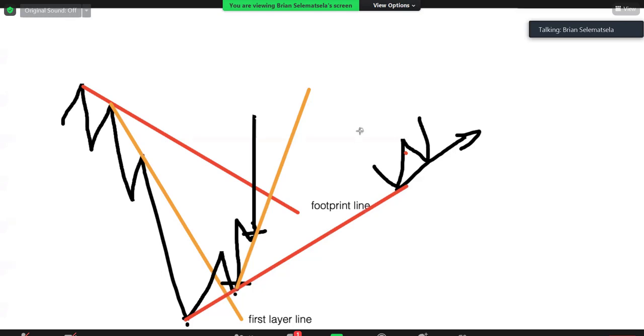If we're in some trades and the market breaks the first layer in the opposite direction of what we're in, that means we must pull out of the trade. Meaning here we just simply wait for the breakout. When the market breaks here, all the buy trades we close them.